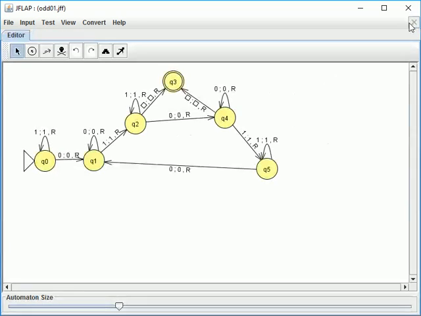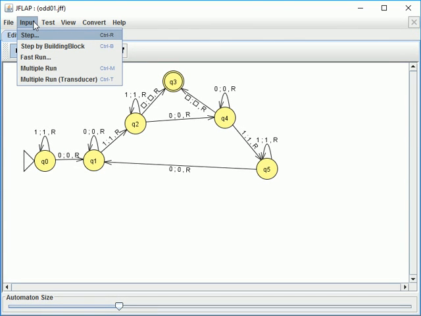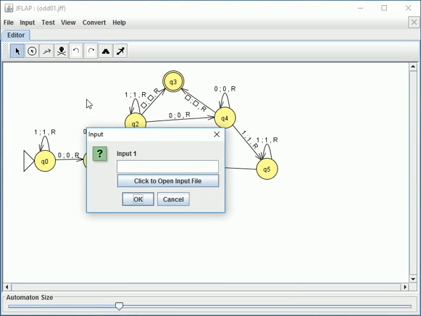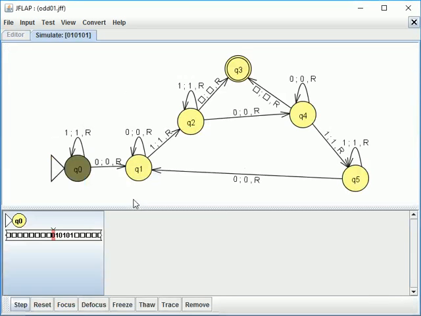But if I do three 0, 1s, I'll step to Q2 on the first 0, 1.